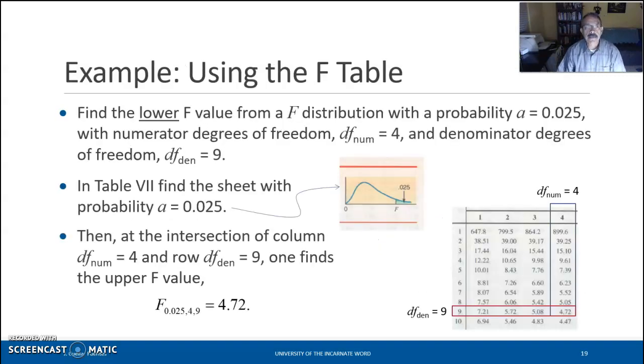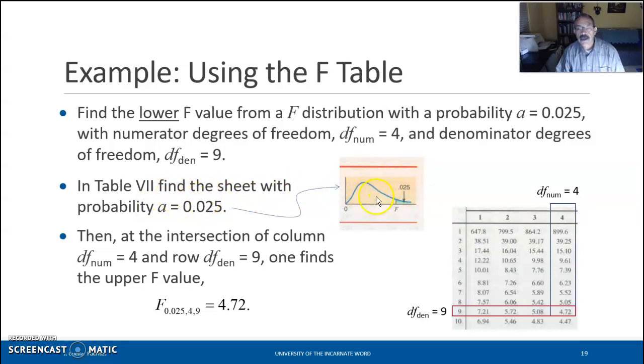All right, here's an example. They're asking us to find the lower F value from an F distribution with a probability A of 0.025, with the numerator degrees of freedom of 4 and the denominator degrees of freedom of 9. So you need to go to your table, and there are 4 sheets to that table. Find the sheet where at the top right of the table you see this diagram, and you're looking for this number 0.025. That's the probability A that I'm using here.